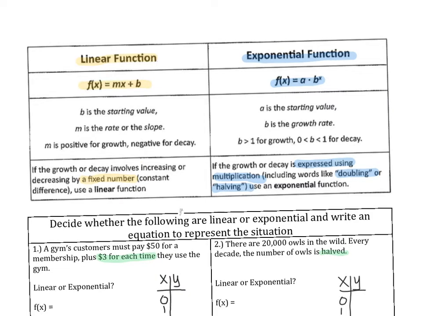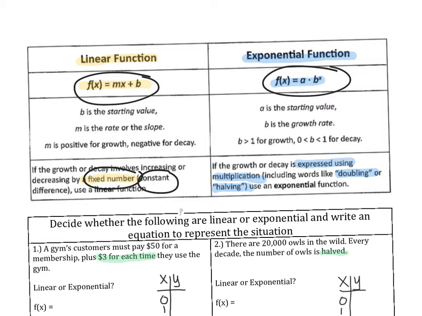So a linear equation is y equals mx plus b, and we've seen that plenty of times. It's a fixed number or a constant rate, so it's always talking about adding or subtracting. And an exponential function has an x for the exponent because it's changing exponentially.